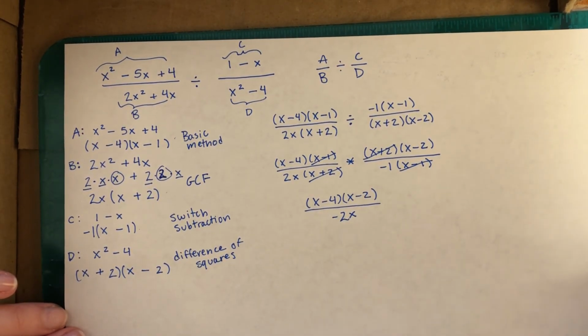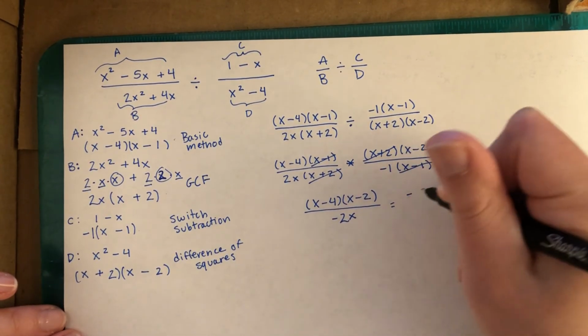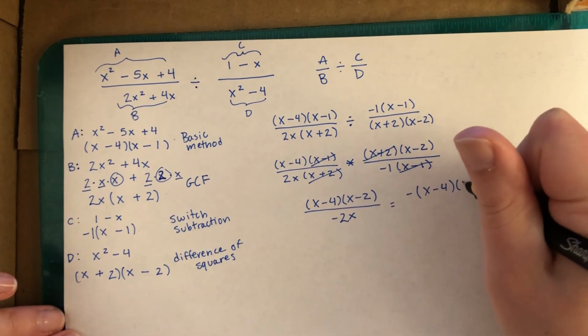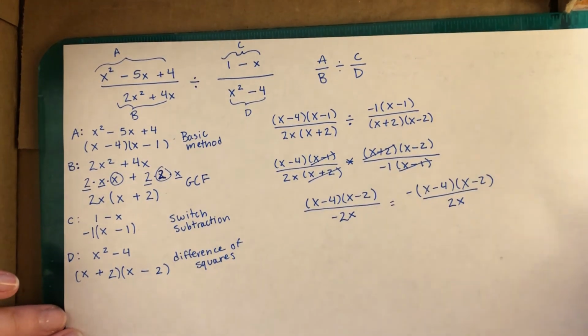And those two things do the same thing. Either time that you multiply by negative 1 or divide by negative 1, you're basically keeping the same thing but changing the sign. So I'm going to write this as a negative x minus 4, x minus 2 over 2x.